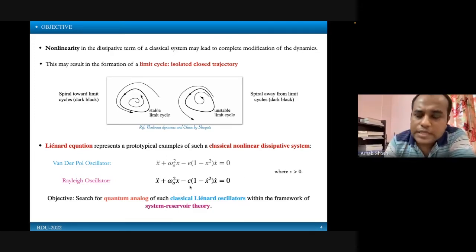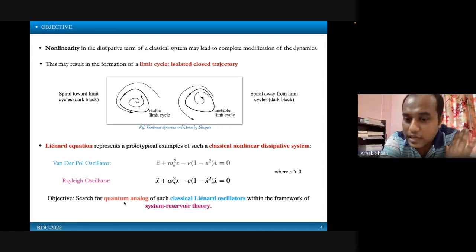So the objective, now you can understand, is to search for a quantum analog of classical Liénard oscillators within the framework of the system-reservoir theory, so that I can get this kind of equations.